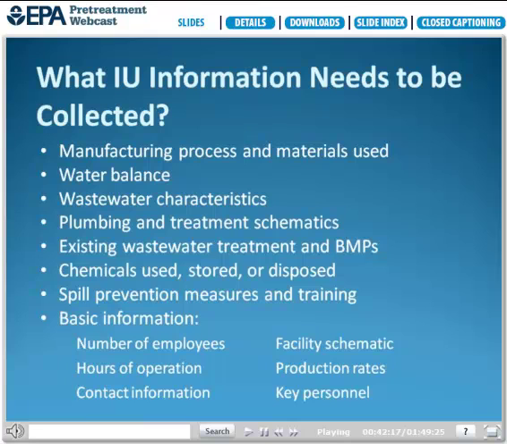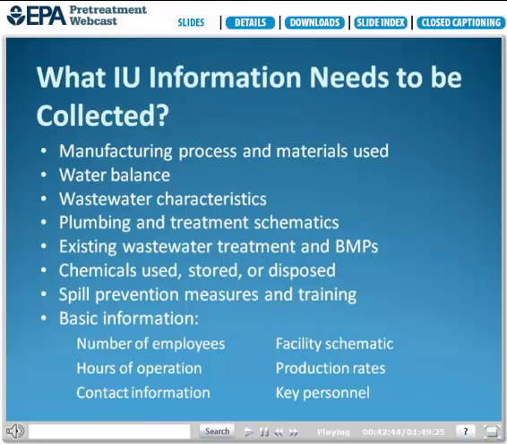Make sure that you have the legal authority to request information directly from the industrial user. Information relating to how to determine limits, such as production rates, are not considered confidential business information because this information is necessary in order to calculate permit limits. We'll talk about that situation later.